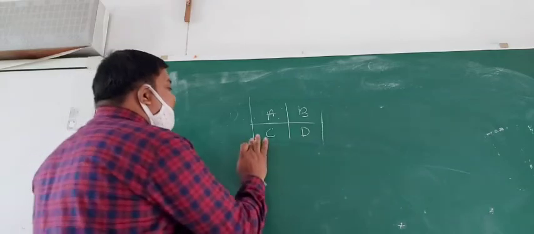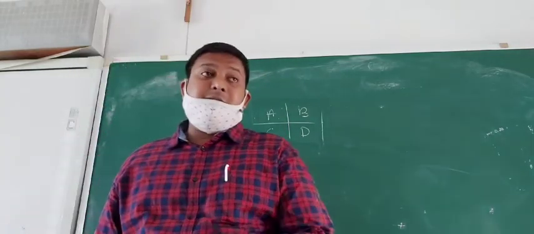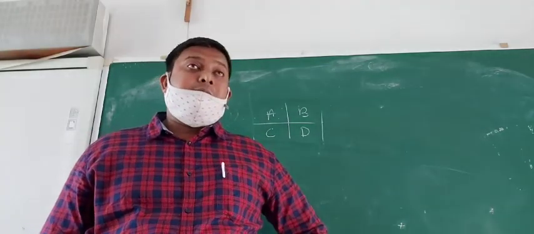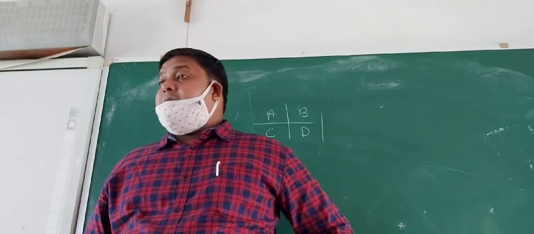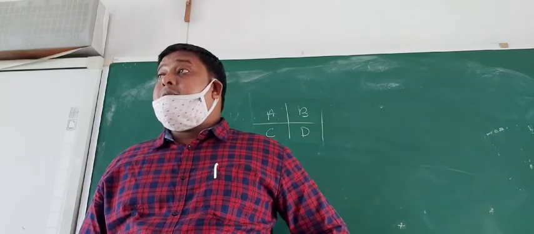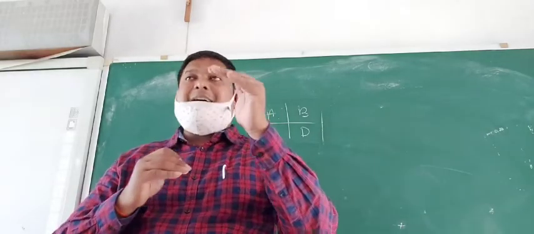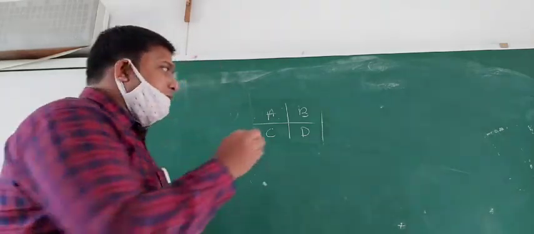Now what do you mean by H sides? Horizontal sides, correct? Horizontal sides means above and below both borders are displayed.